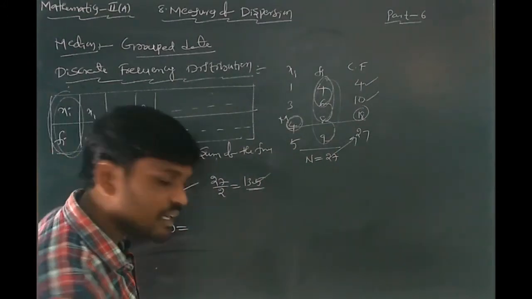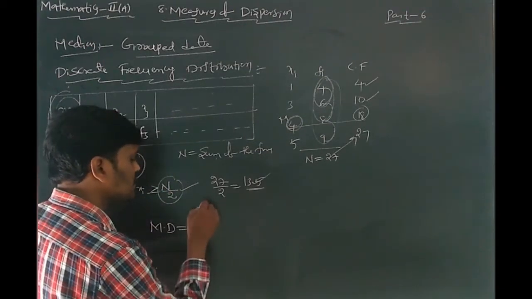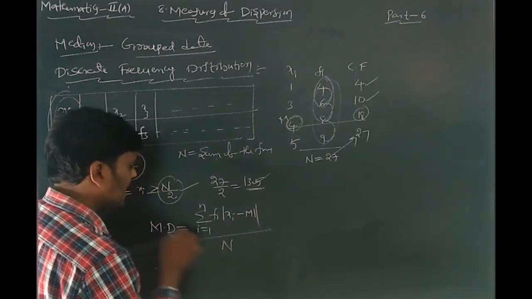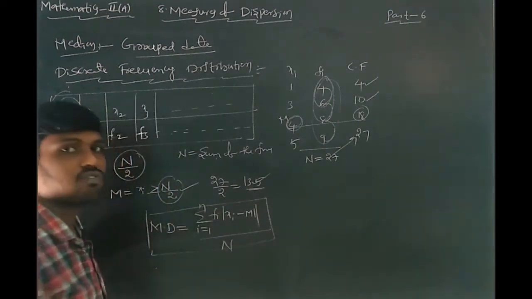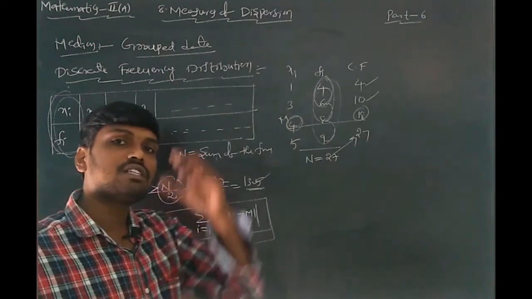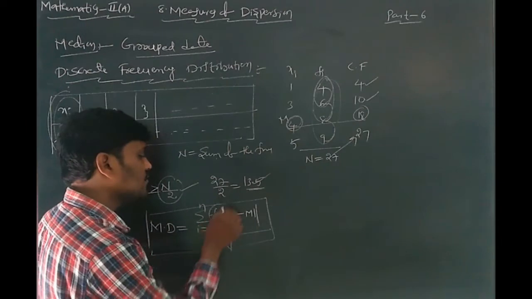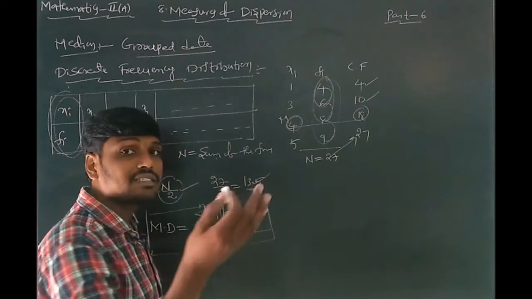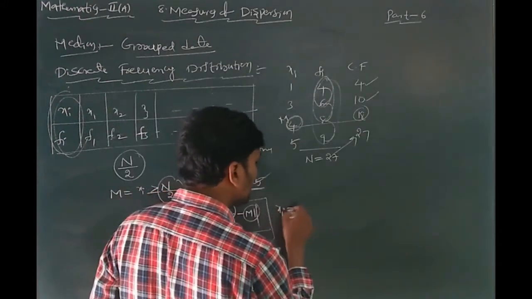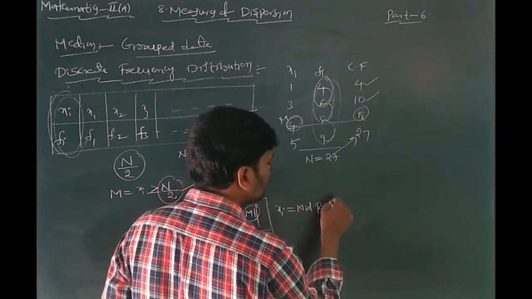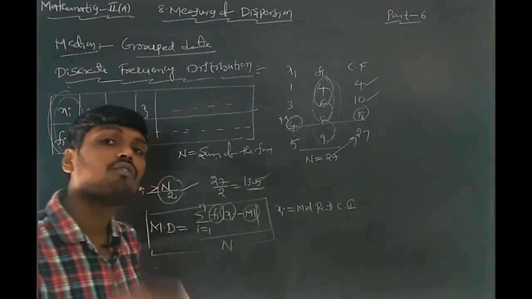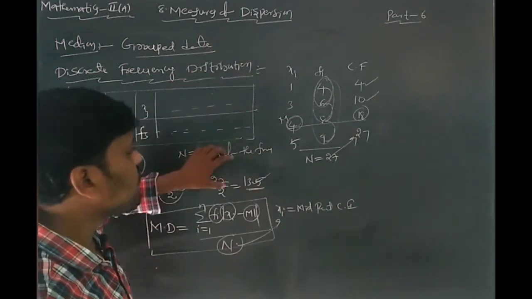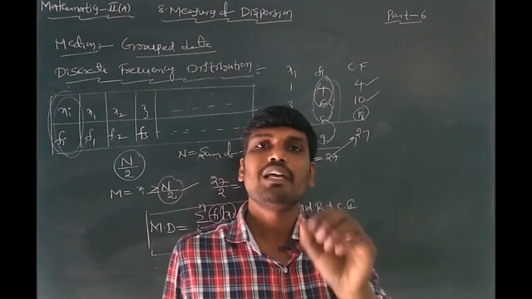The formula for mean deviation about the median is the summation of i equals 1 to n of fi times the modulus of xi minus M, divided by capital N. In this formula, fi is the frequency, M is the median, xi is the midpoint or mid value of the class interval, and N is the sum of the frequencies. These are the formulas for the discrete frequency distribution.